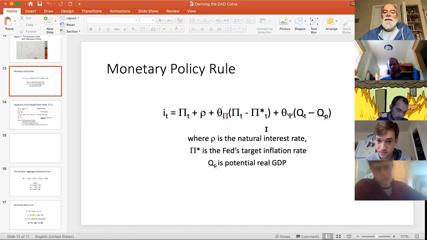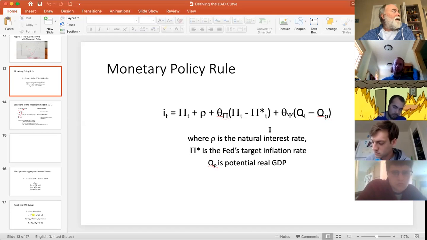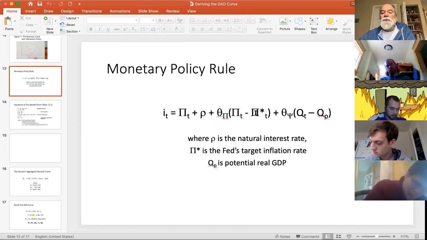Everybody have that? Everybody understand? So what we're saying here is the Fed responds automatically when the actual inflation rate diverges from its target.